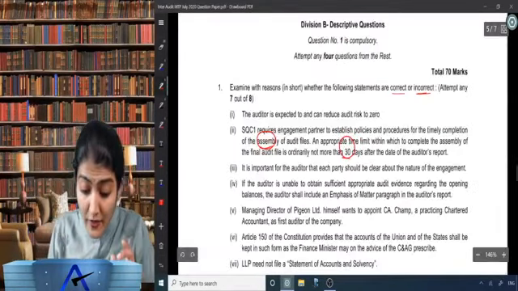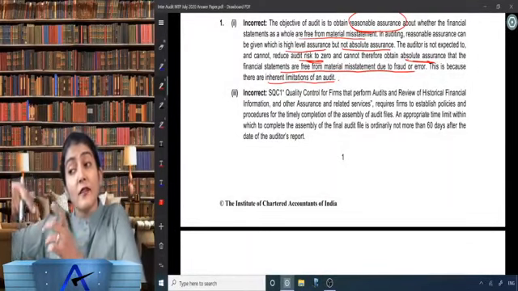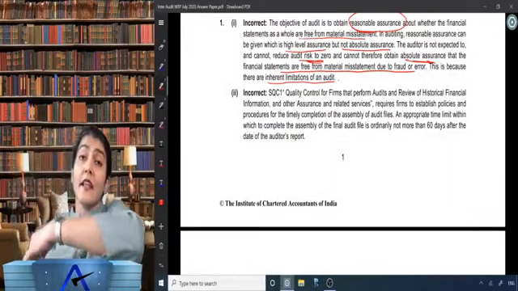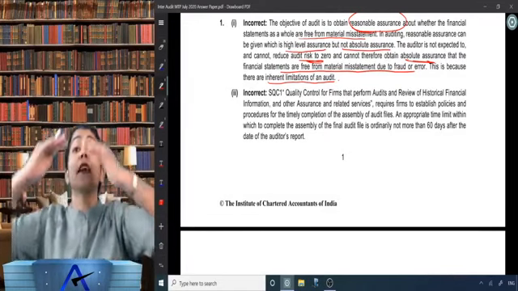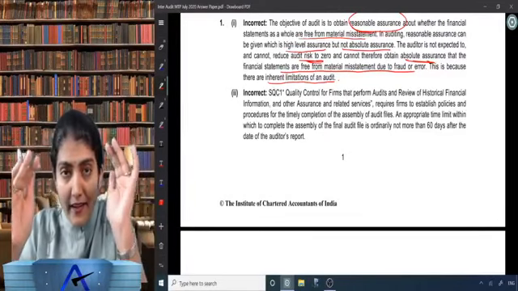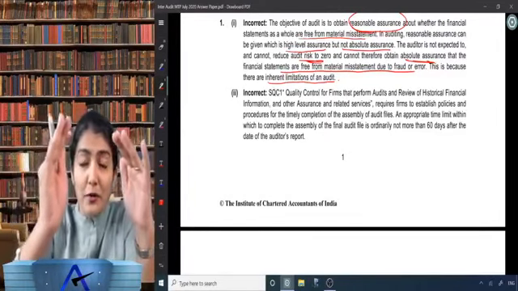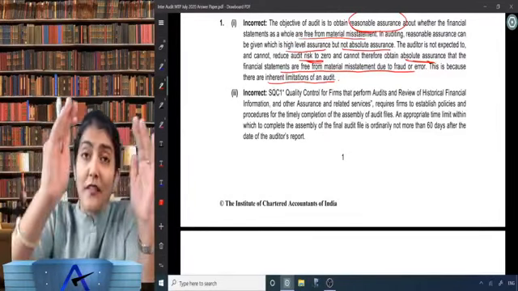Right, now what is given over there in the question? They have given requires engagement partner to establish policies and procedures. No, engagement partner, his role comes in SA 220. In SQC1, we always talk about it at the firm level. In SA 220, we talk about it at the engagement level, at the audit level. Right, so what does it say? Requires the firms to establish.